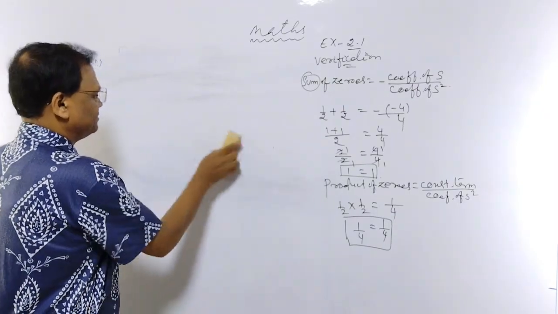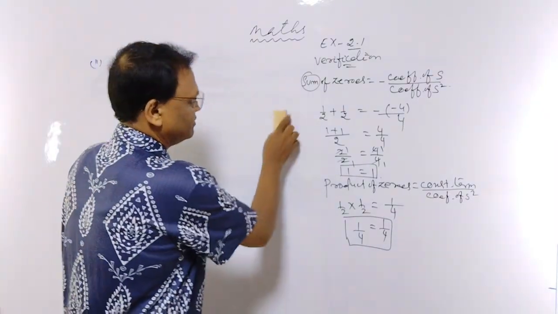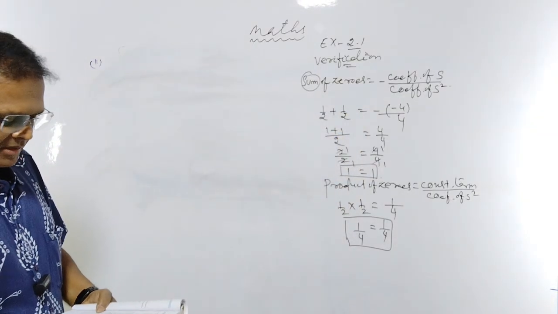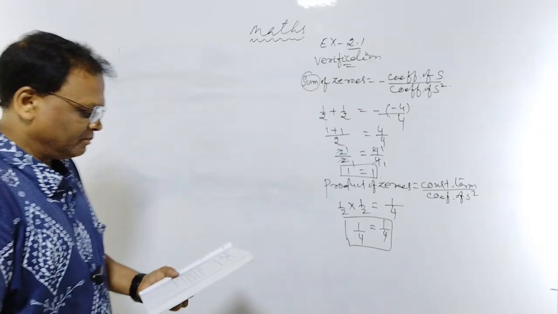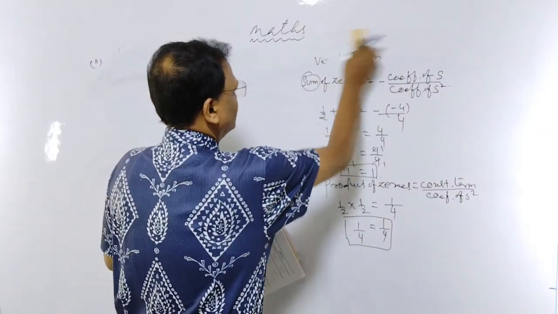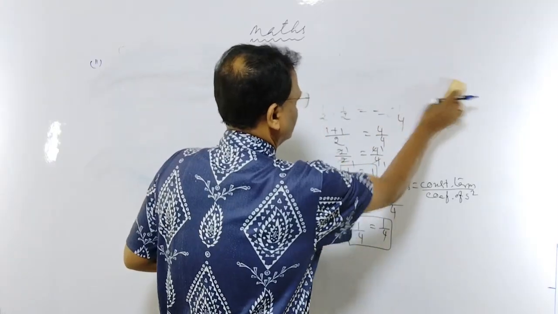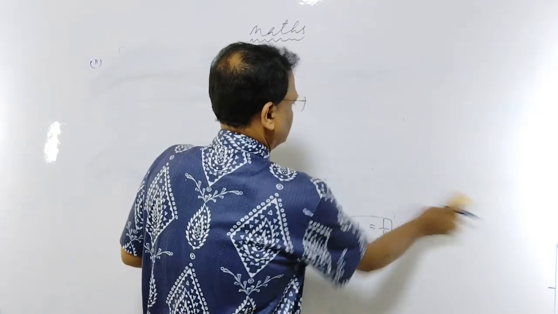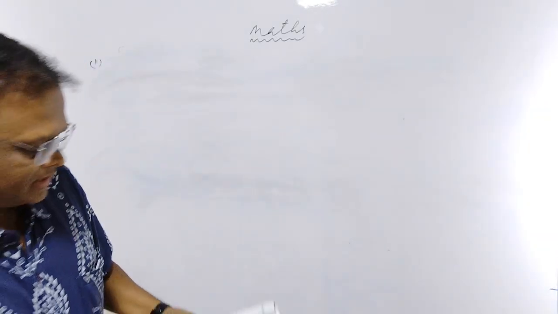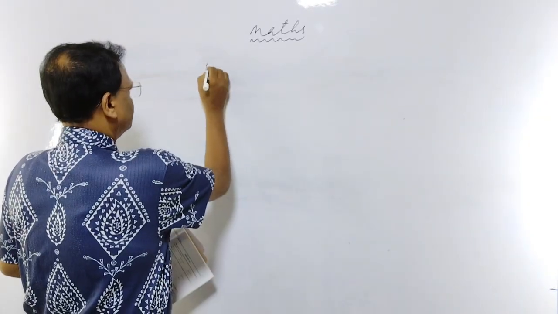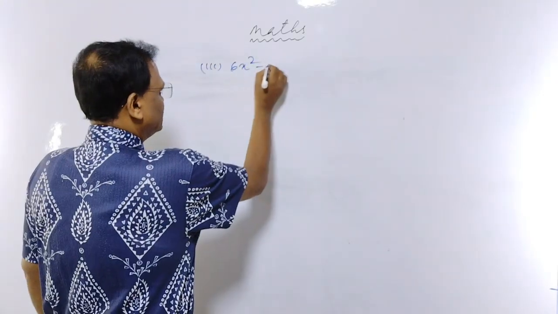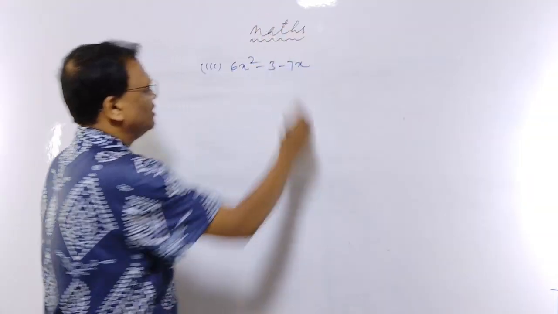The third question is, he has given 6x square minus 3 minus 7x.